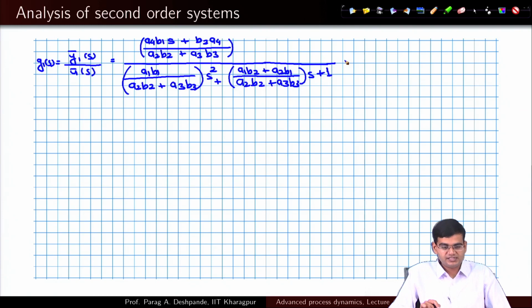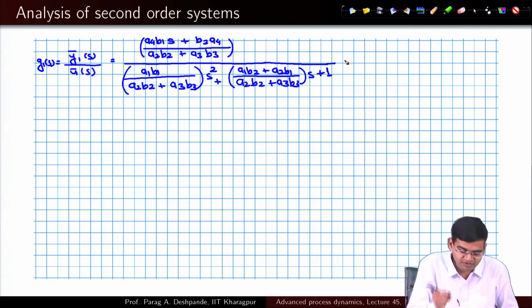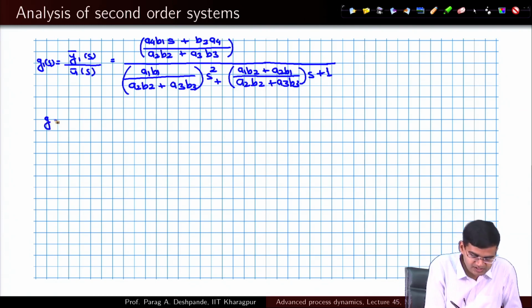We will analyze this. This is an interesting case, but before that let me write down the overall dynamics of the system.